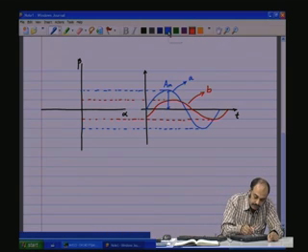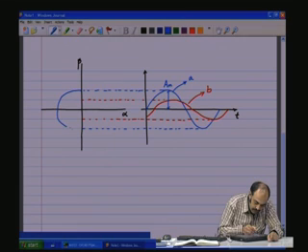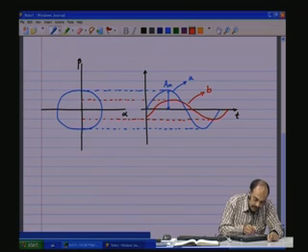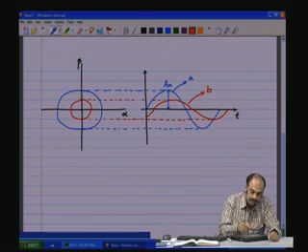So, which means the blue equivalent space vector will inscribe a circle within this, and the red waveform will inscribe a circle within this. Okay.